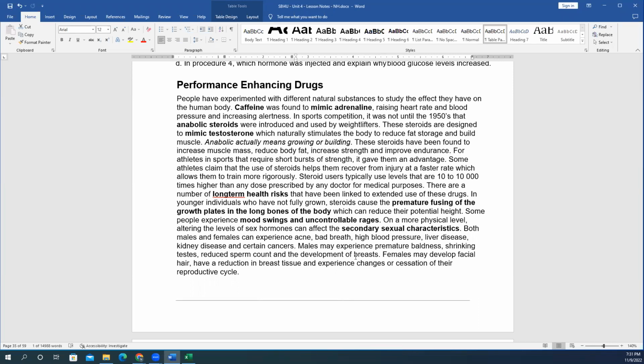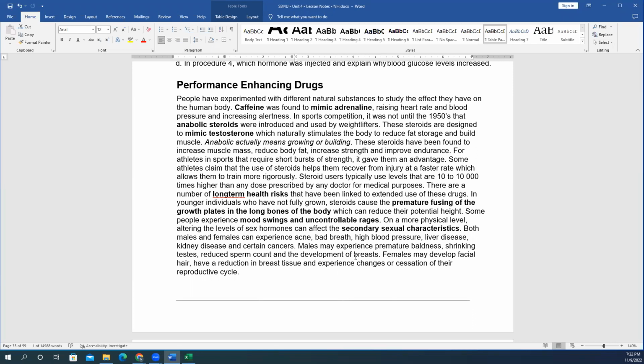And on a more physical level, altering these levels of sex hormones can affect secondary sexual characteristics. So in both males and females, there might be increased production of acne, bad breath, high blood pressure, liver disease, kidney disease, and may even lead to certain types of cancers.